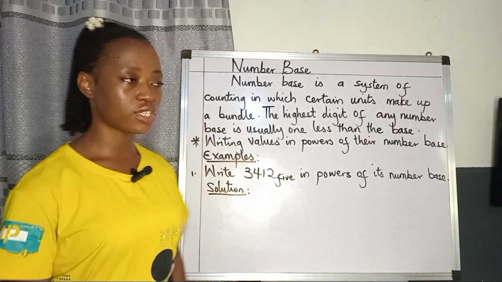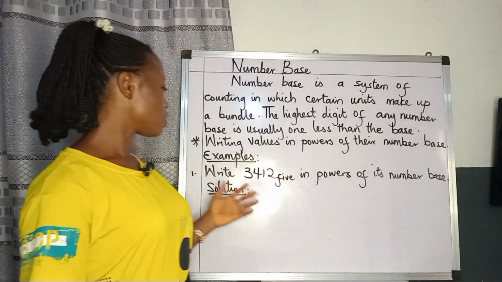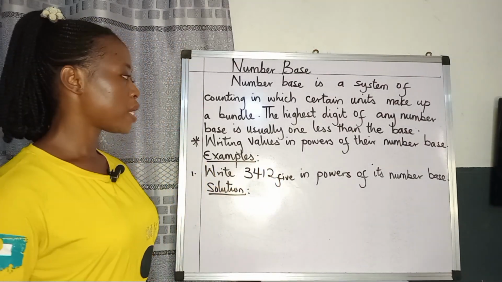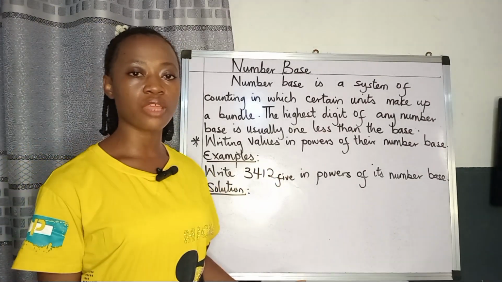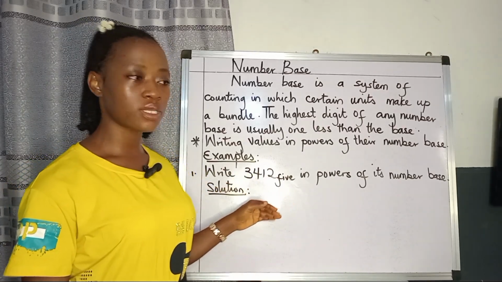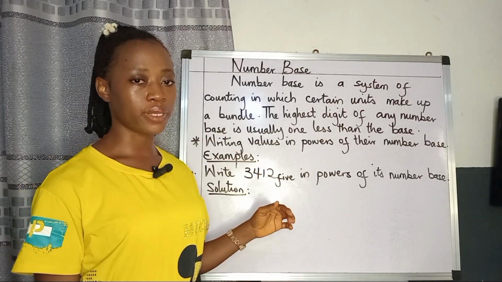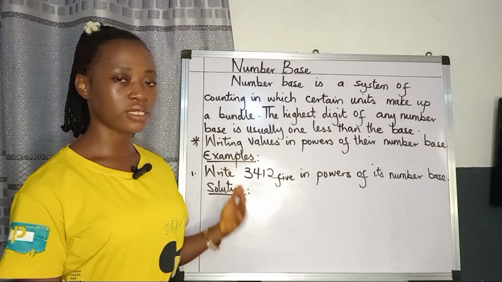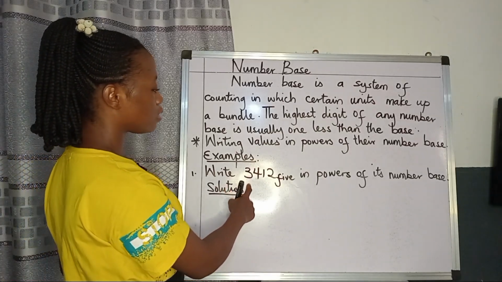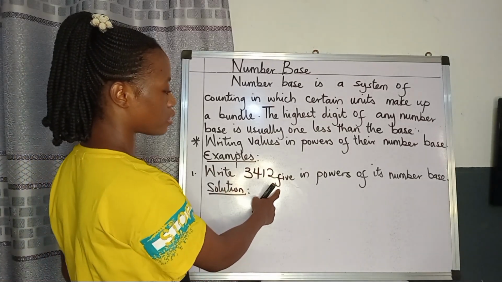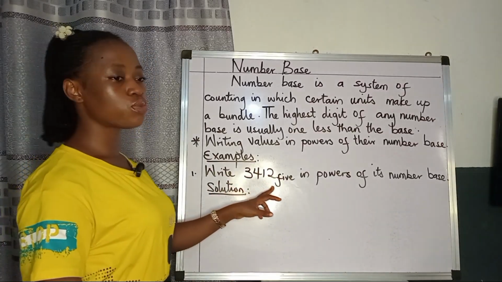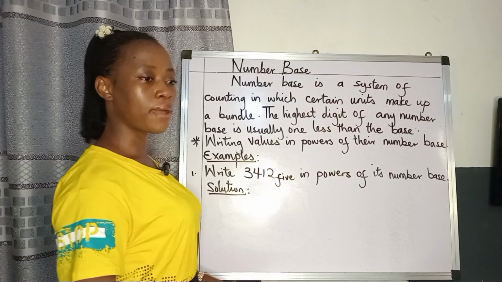Without wasting much time, let's look at how we can write values in powers of their number base. Sometimes a question will tell you to write a certain value using powers of the number base. This is the first thing we are going to learn in this lesson.